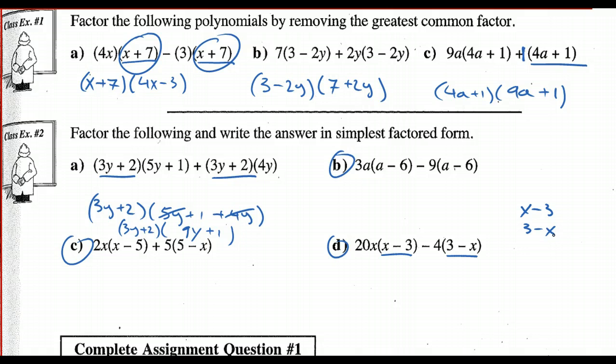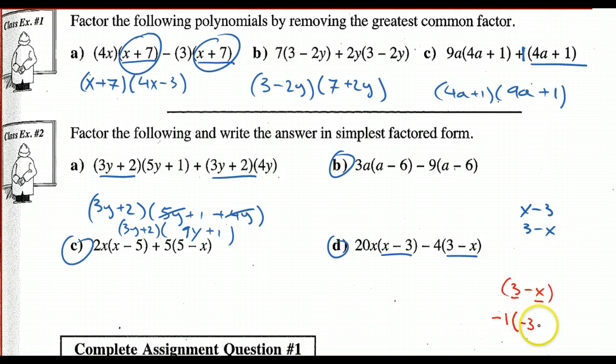So what we have to do is make them the same. How do we do that? Well, here's one way. Let's look at the second binomial, which is 3 minus x. Suppose I factored out a negative 1 from both of these terms. If I factor out a negative 1, what happens to the inside? All the signs change.